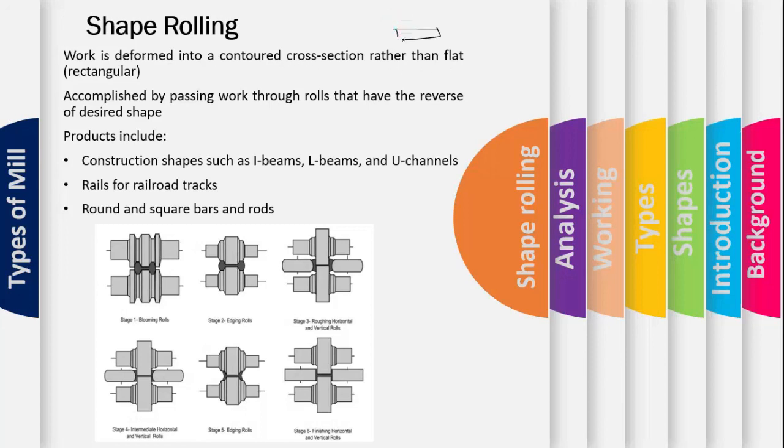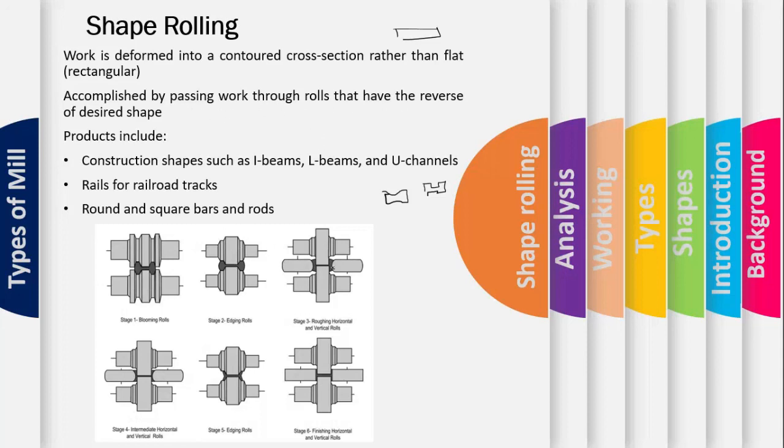So we have some specific shape, like the I-beams and different kinds of beams we use during construction, which are formed by shape rolling.